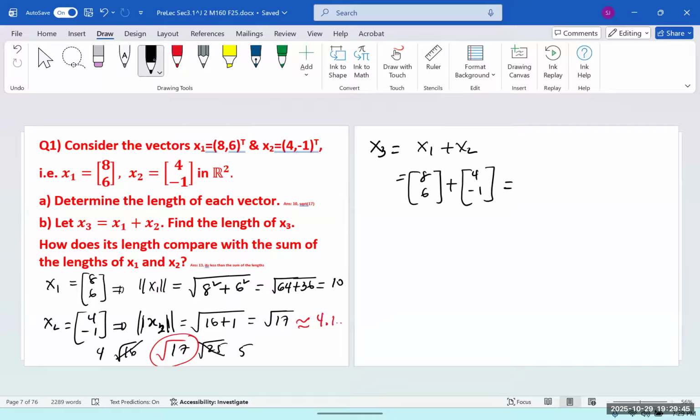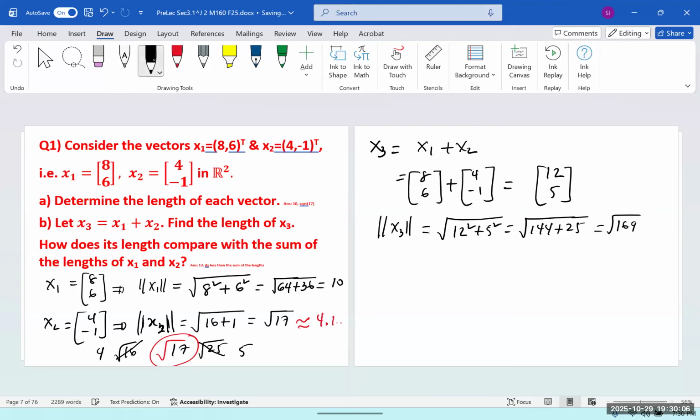What's the sum of (8, 6) plus (4, -1)? (12, 5) column-wise. So the norm of X3 is the square root of 12 squared plus 5 squared, which is 144 plus 25. And what is 144 plus 25? 169. And what is the square root of 169? 13.